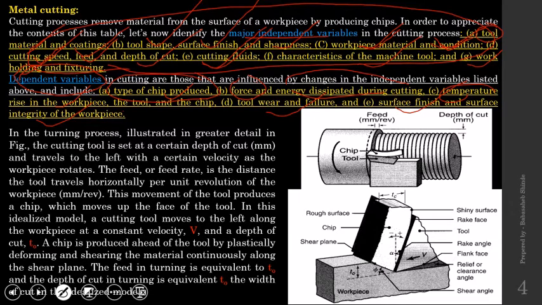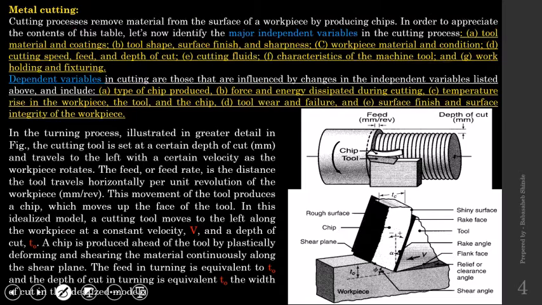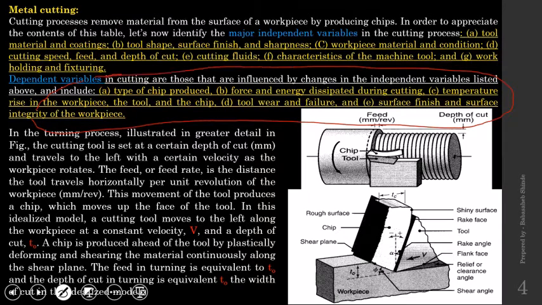So these parameters are called dependent variables, because you are not going to choose them, but they are going to be dependent on the parameters that you have chosen, and those variables are independent ones. So, independent variables and dependent variables.